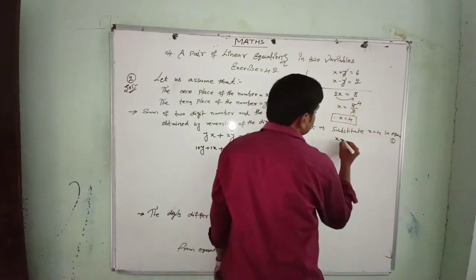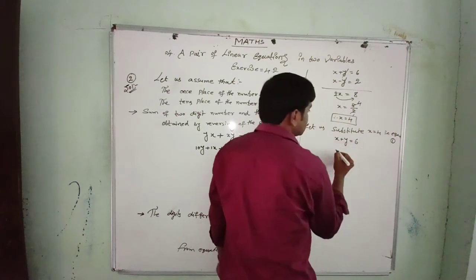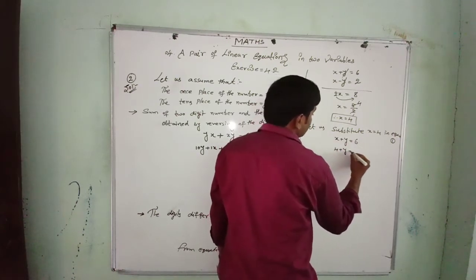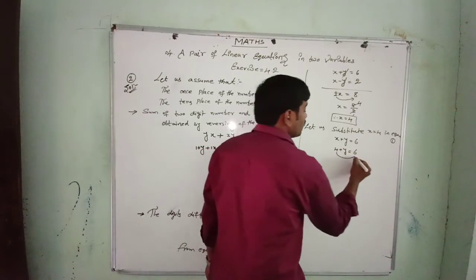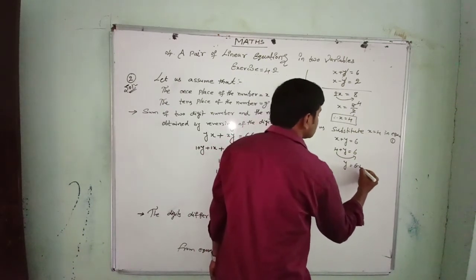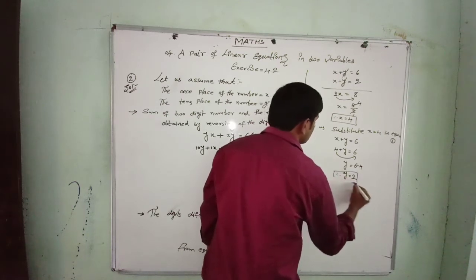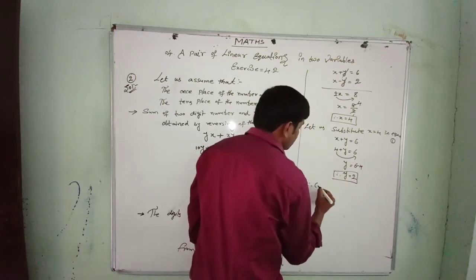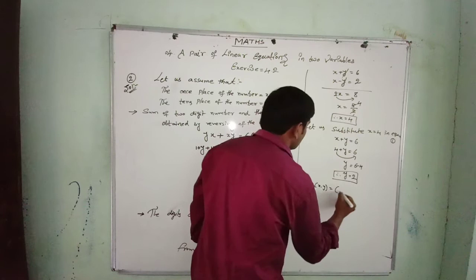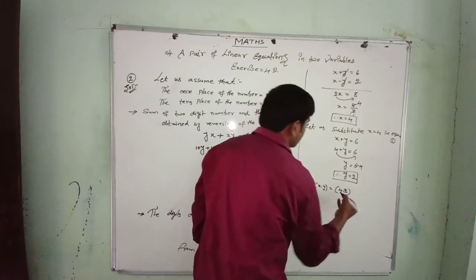You can also substitute x equal to 4 in equation number 2. The equation number 1 is x plus y equal to 6. 4 plus y equal to 6, with x value 4. 4 you transfer this side, y equal to 6 minus 4, then y equal to 2. Therefore x comma y is equal to 4 comma 2.